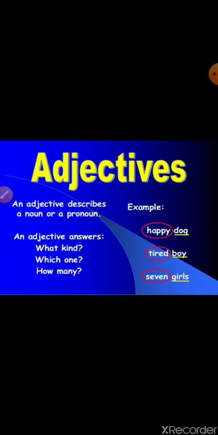These are considered describing words, which describe the dog, the boy, and the number of the girls, that means 7. I hope you have understood. It's such a simple way to see what an adjective actually is.